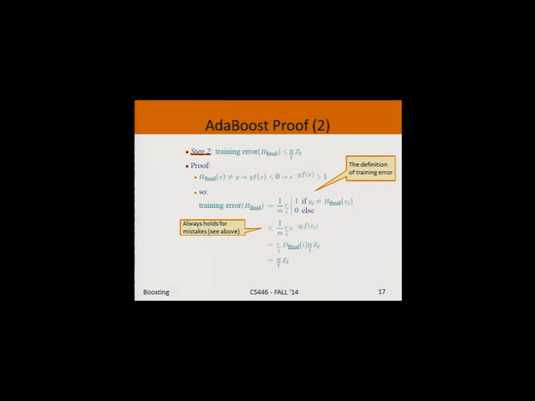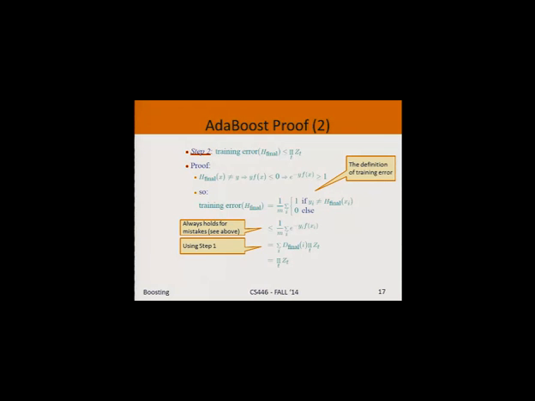Why is this true? It's basically what I've written here: e to the minus y f of x is greater than 1 when I make a mistake. Therefore, I'm replacing this 1 by something like this, it's only larger. Okay?